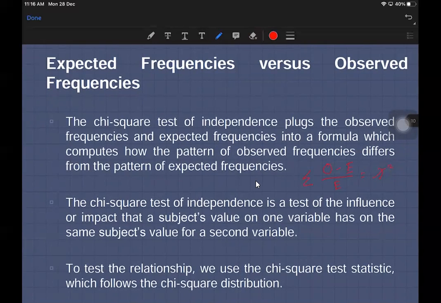So for the chi-square distribution we have another table. Okay, we will refer to the chi-square distribution table. Later on I will show you.